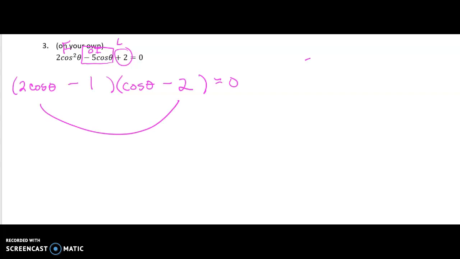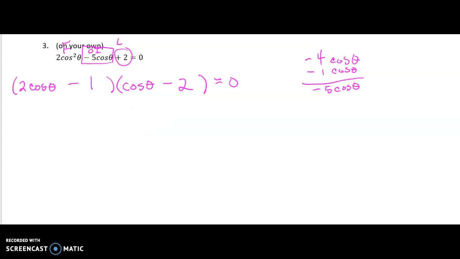Outside times outside is -4 cosine theta, my bad. Inside times inside is -1 cosine theta, and that makes our -5 cosine theta.